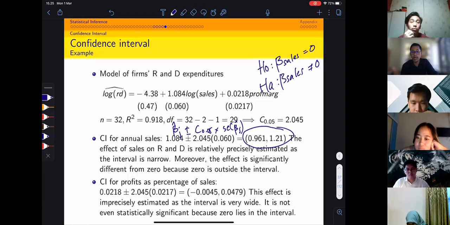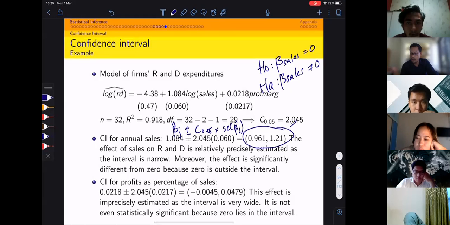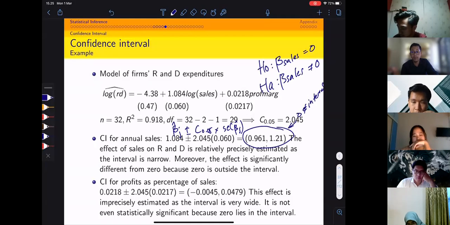We can conclude that sales has a positive and statistically significant relationship. If 0 is not included in the interval, it means that log sales is a statistically significant variable.